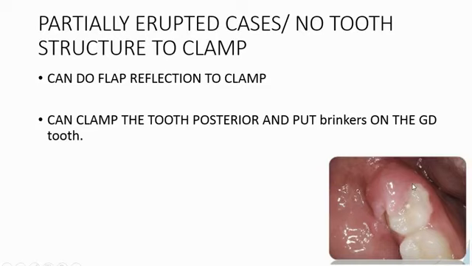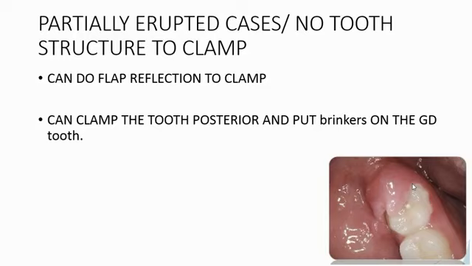A lot of people I know who are practicing, especially with teeth which are partially erupted, or root stumps or grossly decayed teeth, where you don't have any area to place the clamps, do a lot of flap reflection. You can also do that, if you're dedicated to using a rubber dam in all of your cases. Also, we have special Brinker clamps available for those teeth which have a very small area for attaching the clamps.